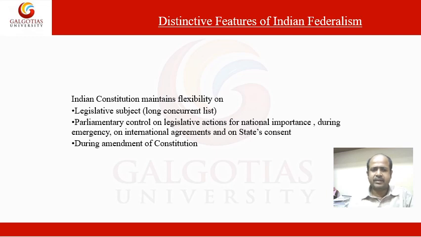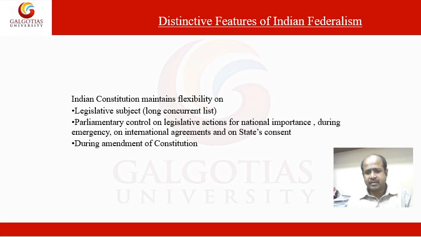Now, another distinctive feature is the legislative subject, the long concurrent list. Apart from the state list and the central list, there is a concurrent list where both center and state can make the law. Parliament has control over legislative action of national importance, as we have seen during emergency or international agreements.